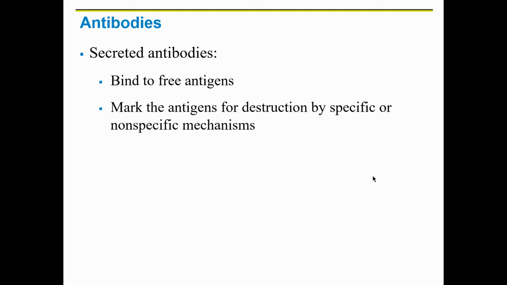They don't do anything except float around, and then when they find an antigen that fits, they bind to the antigen. They don't bind to anything that won't fit into their surface receptor. And their surface receptor is exactly the same as the surface receptor of the B cell. So if it could match the B cell, it matches the antibody.